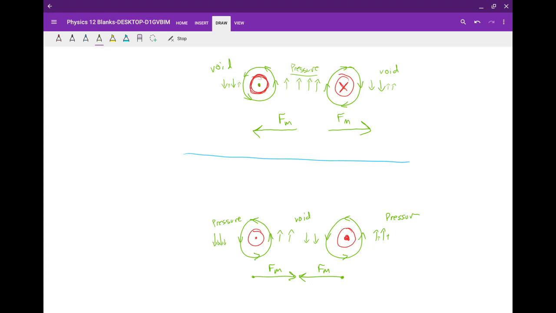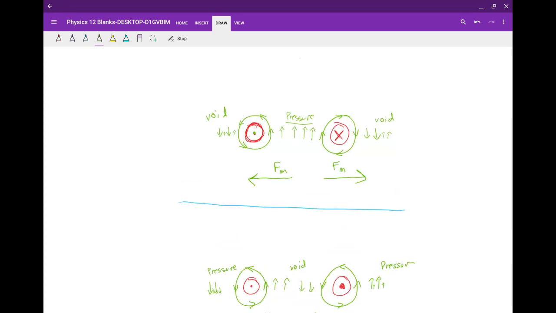Now, if you do that right now, you can see that the palm of your hand is pointed away, this way. So basically what we've got here is a magnetic field that's going up in this area. We've got a current that's going in. So your thumb is going in, your fingers are going up, and your palm is pointed out that way.